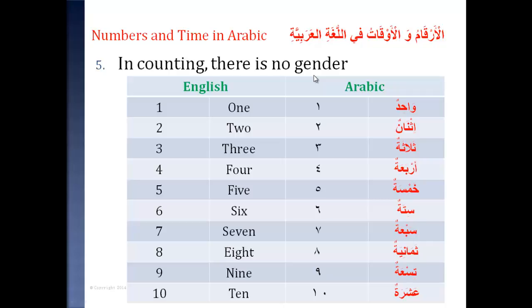When we count from 1 to 10, there's no gender. واحد، اثنان، ثلاثة، أربعة، خمسة، ستة، سبعة، ثمانية، تسعة، and عشرة. واحد for 1, اثنان for 2, ثلاثة for 3, أربعة for 4, خمسة for 5, ستة for 6, سبعة for 7, ثمانية for 8, تسعة for 9, عشرة for 10.